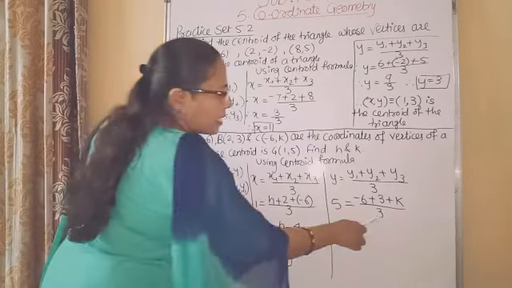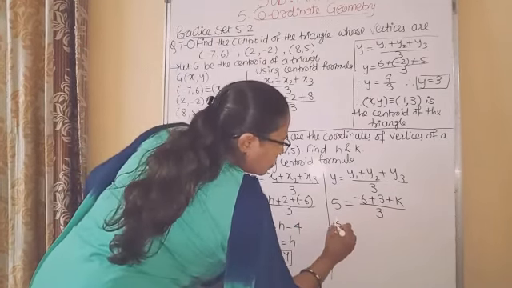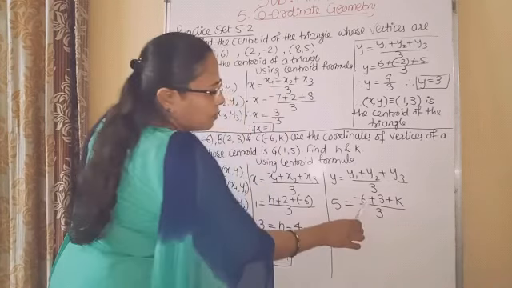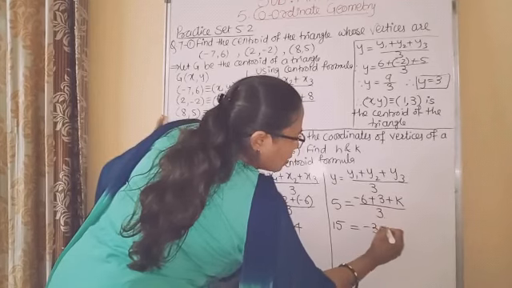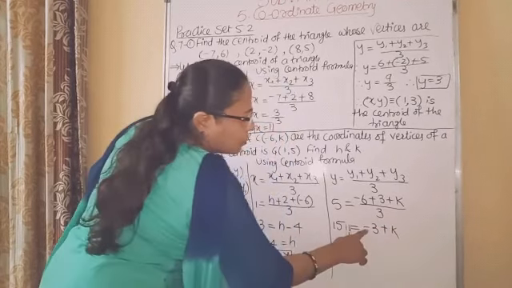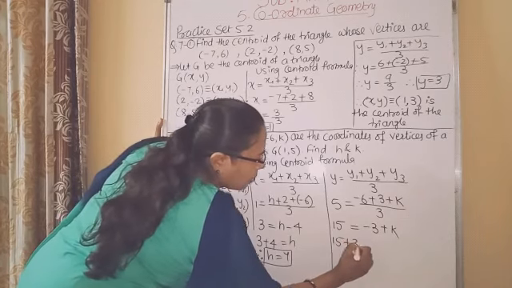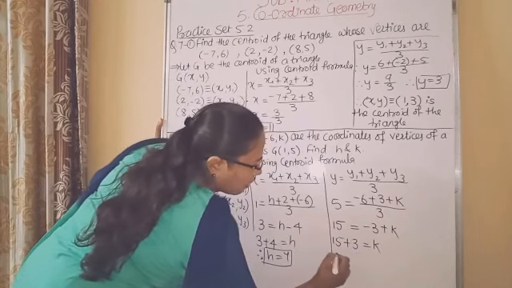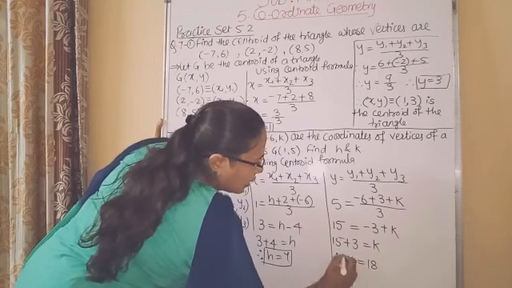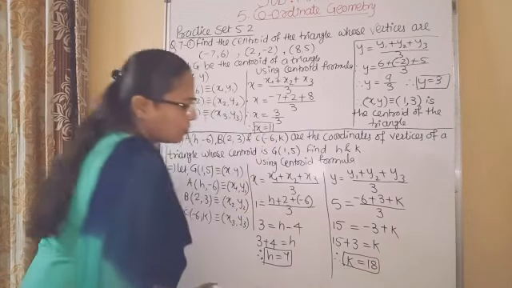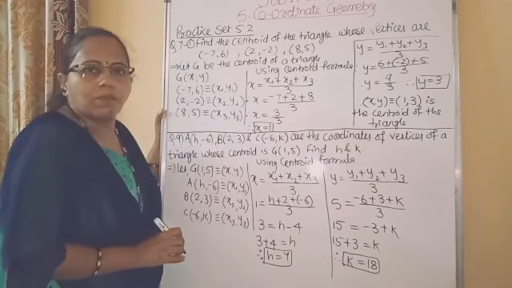Okay. Now take this 3 on this side. So 5 3s are 15. First we will solve this. Minus 6 plus 3 is minus 3, plus k. Take minus 3 on this side. So here we will get 15 plus 3 equal to k. Therefore k is equal to 18. So this way we got the values of h and k using the centroid formula.